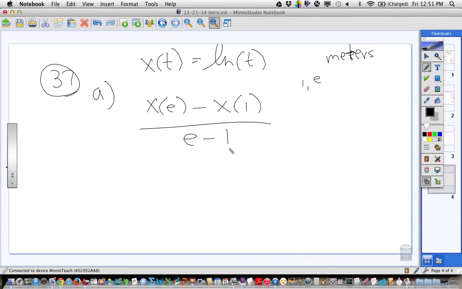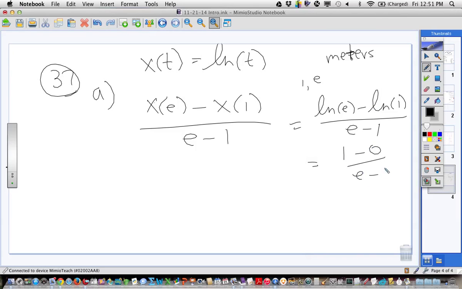So average, anything in this class usually means average rate of change, and we do something like this. So this is easy. We plug an E into X. We get ln E minus ln 1 over E minus 1. ln E, of course, is 1. ln 1 is 0. We get 1 over E minus 1.